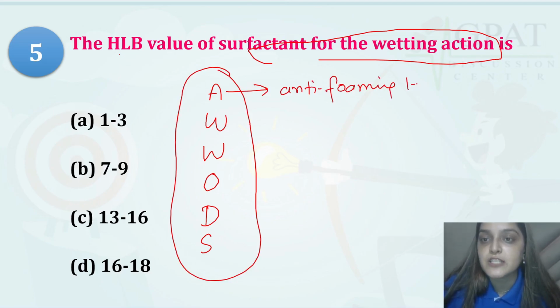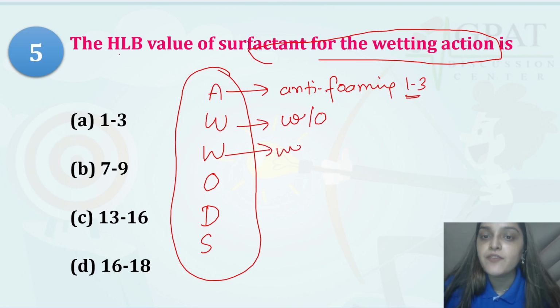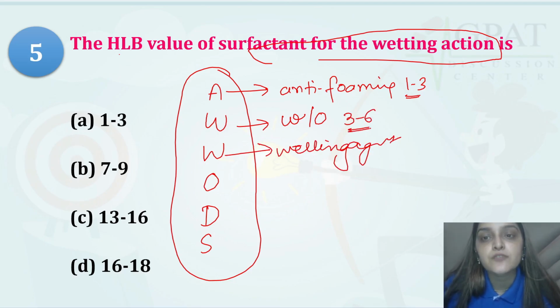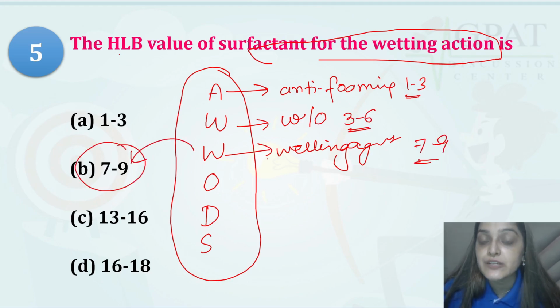The ones with HLB 1, 2, 3 will be anti-foaming agents. Then we have water in oil emulsifiers, around 3 to 6. Then we have our wetting agents, which will be around 7 to 9.